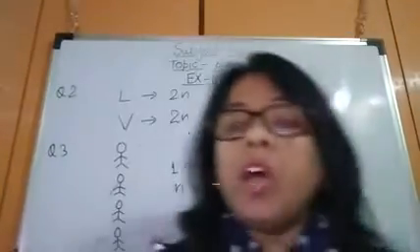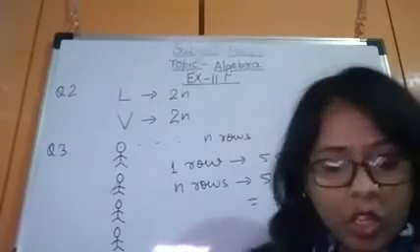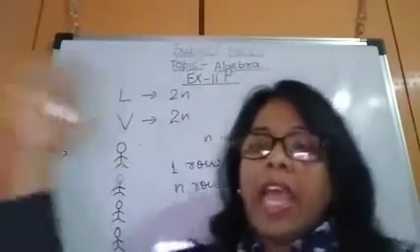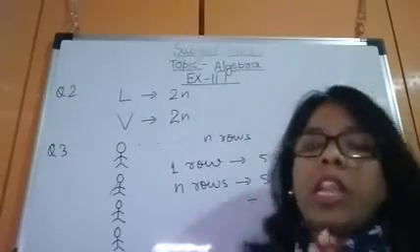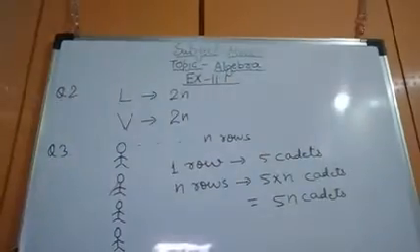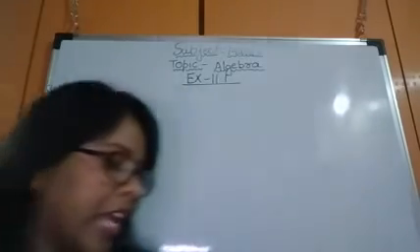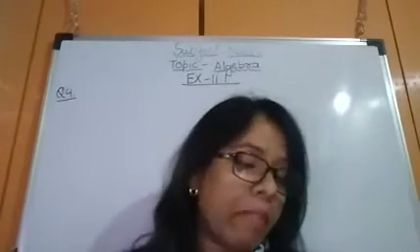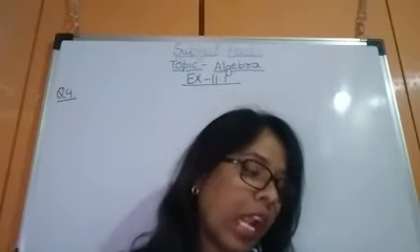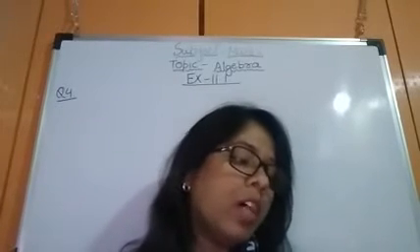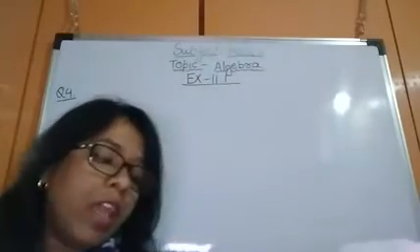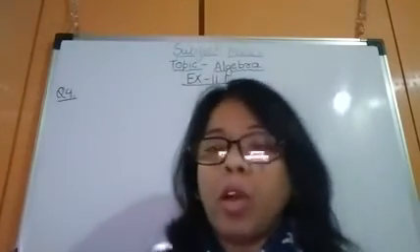So how many total cadets are there? In a row 5 cadets, n rows are there. So total number of cadets will be 5n. Fine. Now the next one is, if there are 50 mangoes in a box, how will you write the total number of mangoes in terms of the number of boxes, where use B for the number of boxes.